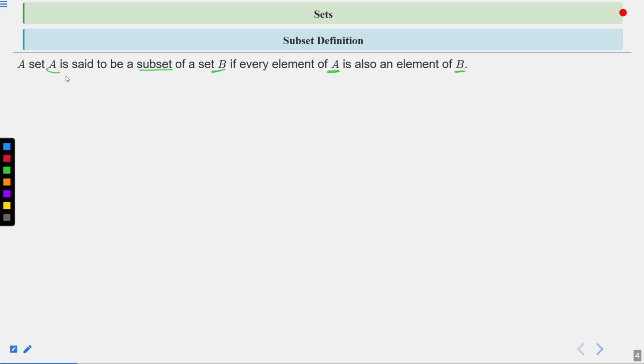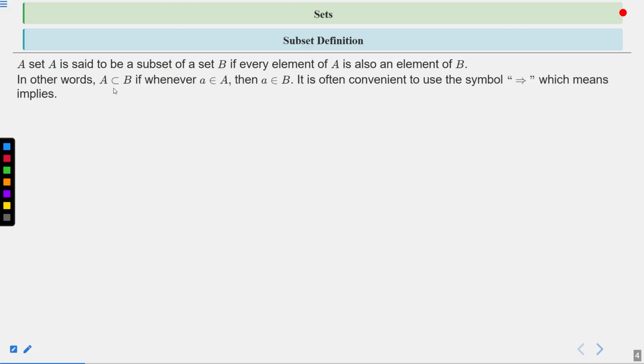Meaning, any element from A set must be in the second set, which is B. Then you will call this A set as your subset of B.